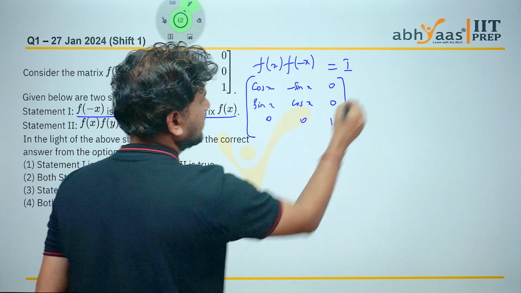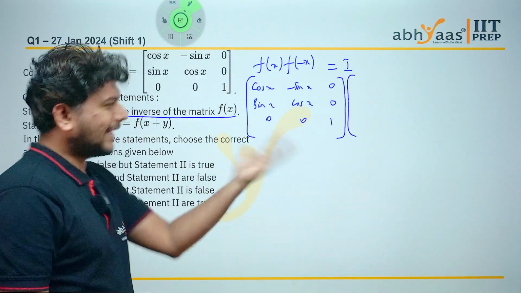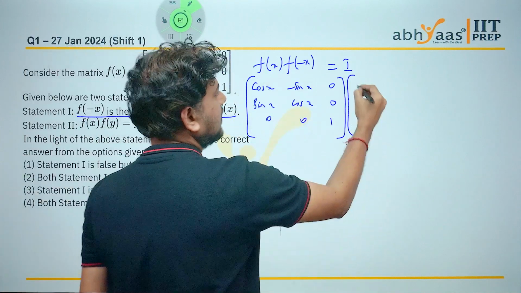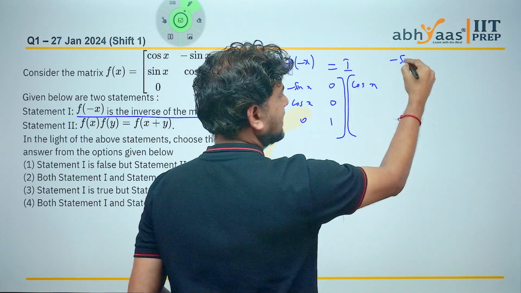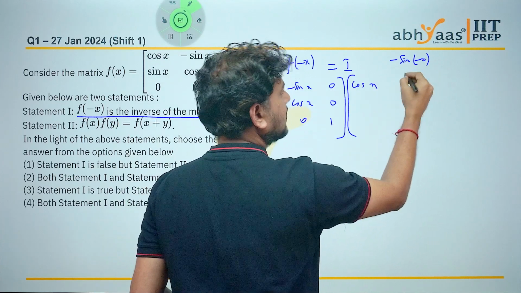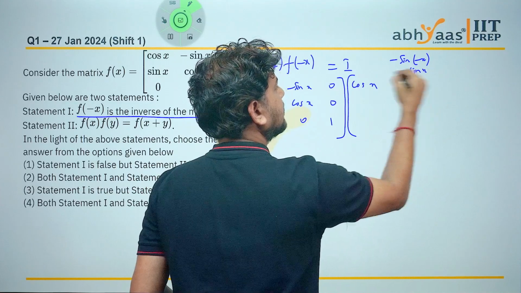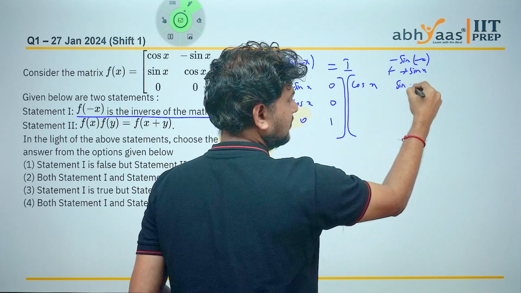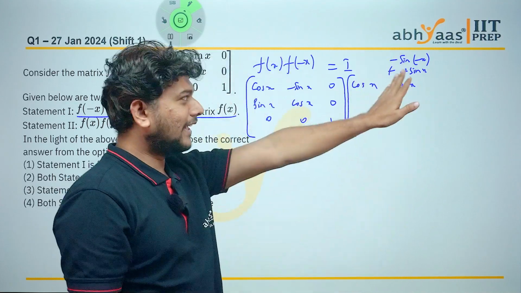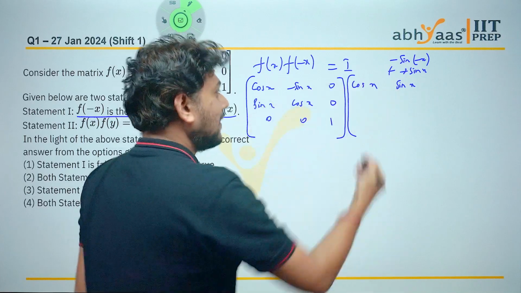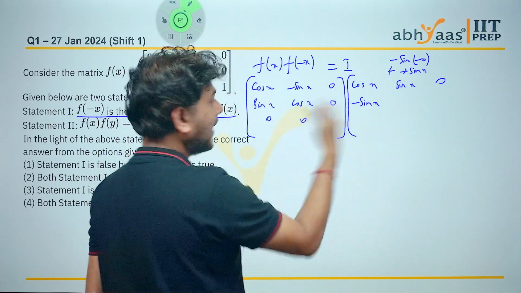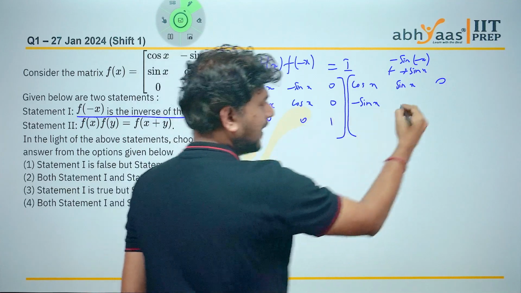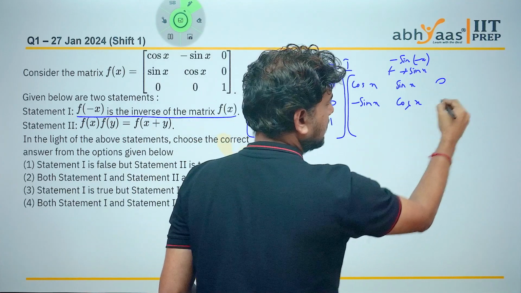And f of minus x will be cos minus x, which is cos x, minus sin of minus x, which is sin x. For your understanding only, I have written that. Then 0; minus sin x, since sin minus x is minus sin x; cos minus x is cos x; 0.